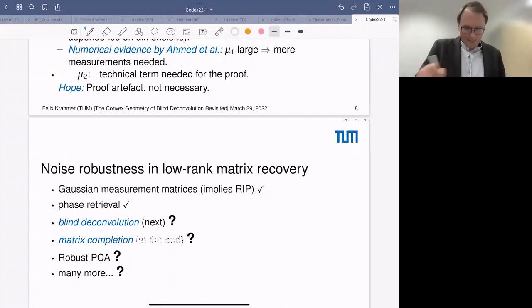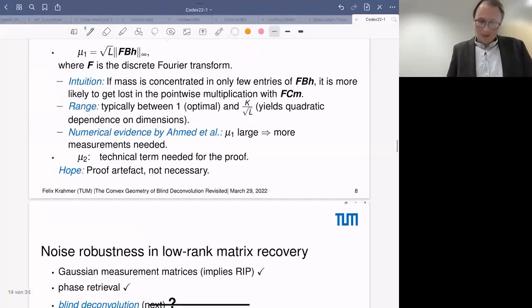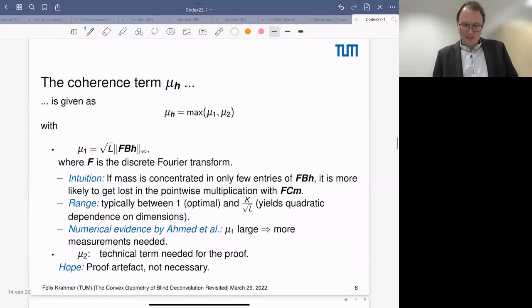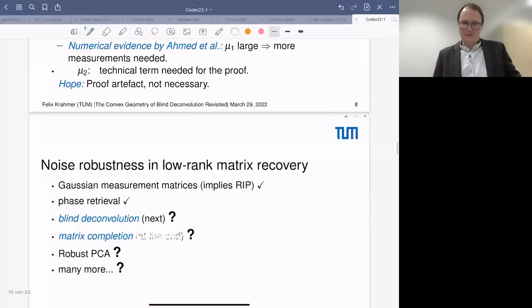But the main point is what I already said, that we could now compare things. If we want to look at this noise robustness problem, the potential dimension dependence on eta, as I mentioned, you don't have this in Gaussian measurement matrices, which have the restricted isometry property. Things behave very nicely.